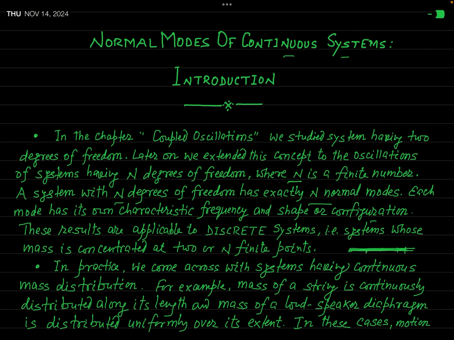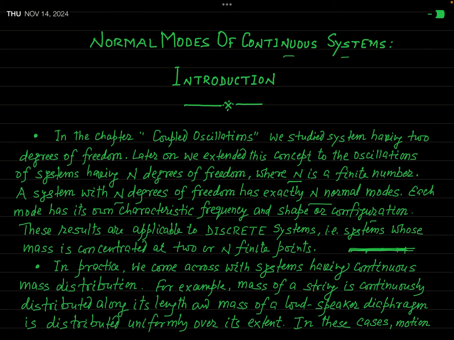So if you want to tackle this problem on the basis of the idea developed for the coupled masses system, you can consider that there is a chain of particles containing a large number of particles n, which simply tends to infinity.